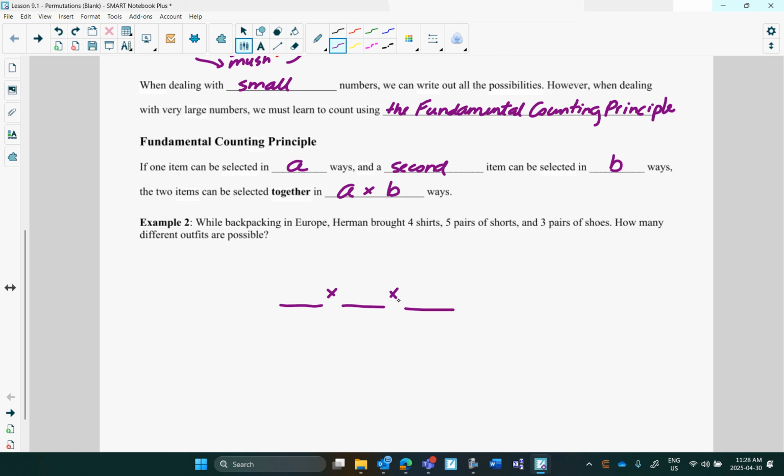So it's going to be 4 times 5 times 3. 60 different outfits. So we can apply this type of counting to a whole bunch of different problems.